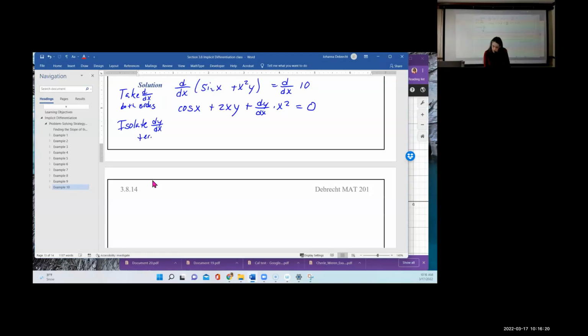I only have one dy dx term. So I have x squared dy dx equal to negative cosine of x minus 2xy. Then I can factor out the dy dx and isolate it.